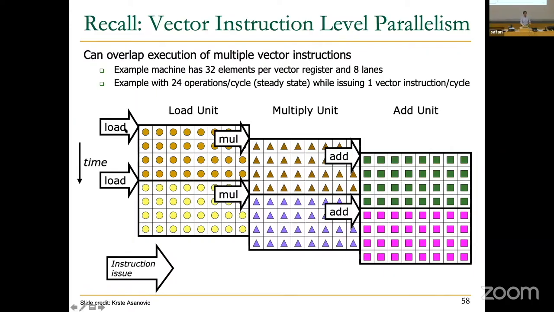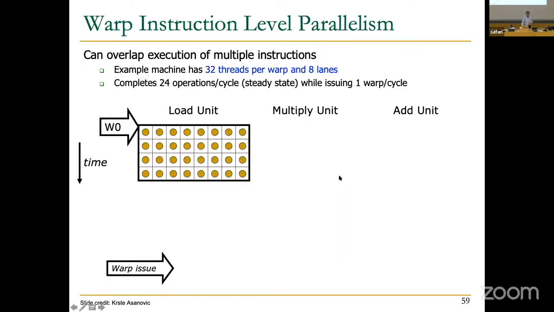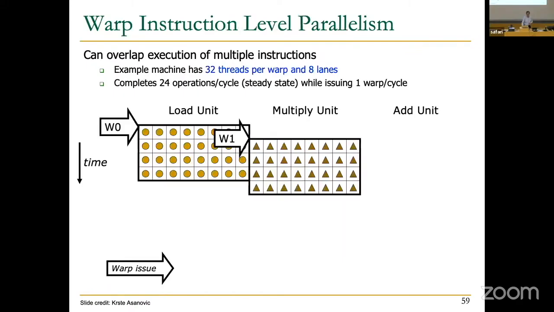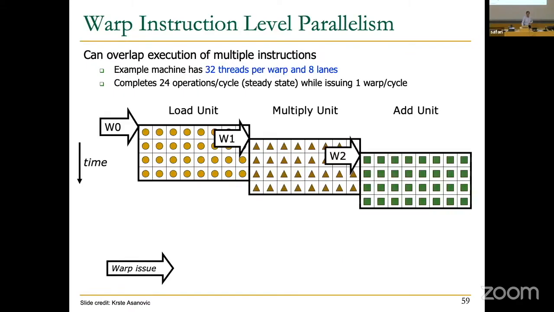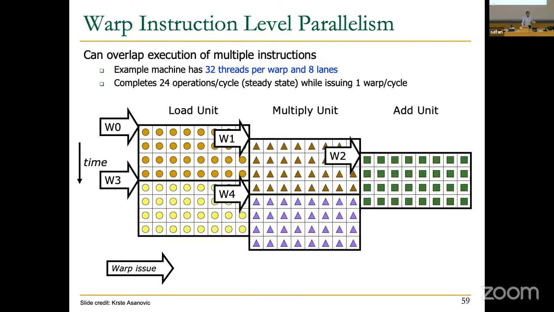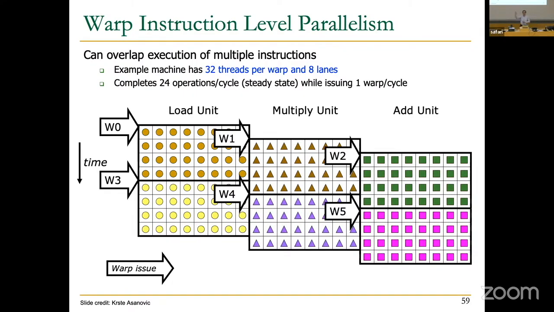Instead of having these instructions, vector load, vector multiply, vector add, we essentially have warps. Warp 0, warp 1, warp 2, and then warp 3, warp 4, warp 5. And then you eventually get back to warp 0, again, doing some other operation. Right? Hopefully that makes sense. So basically, what I've shown you, hopefully, at this point is that a GPU is a SIMD machine. It's a combination of array and vector processors, except we don't program it that way.